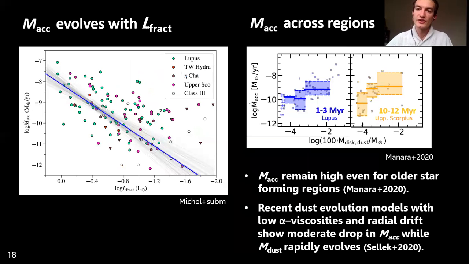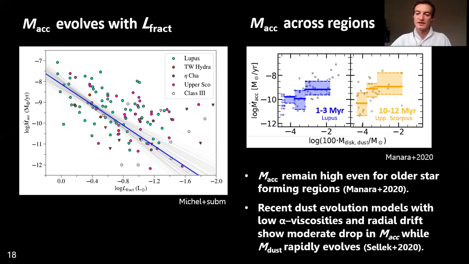And this is concurrent with the mass accretion rate across different regions, where it can remain high even for older star-forming regions, such as Upper Sco, here seen in results from Manara et al. 2020. Upper Sco mass accretion rates appear to be on the same level as Lupus, thus indicating that this mass accretion rate is a gradual process that can last a long time.